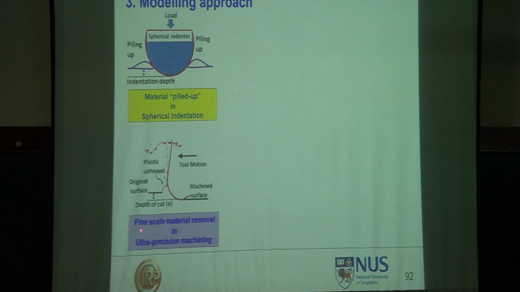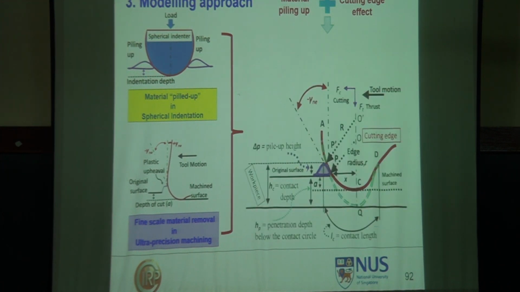Then fine scale material removal in ultra precision machining, because your chip thickness should be low, depth of cut or chip thickness, whatever way you term it, it should be low, okay, small. Material pile up, cutting edge effect, and the whole thing is there.